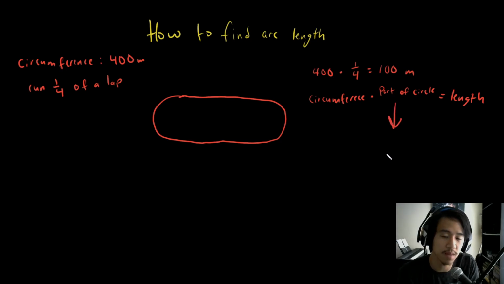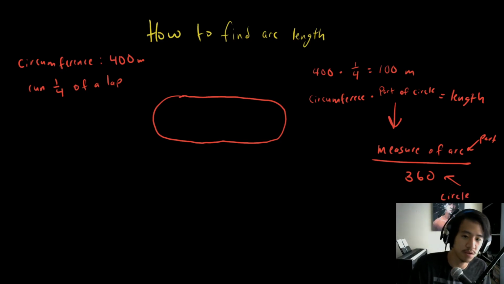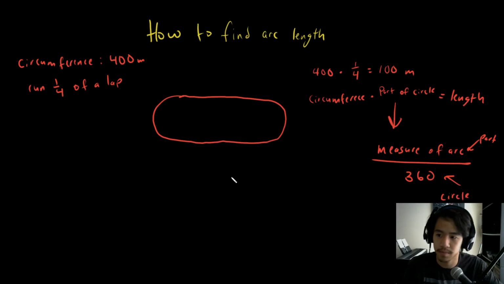Instead of calling it the part of the circle, we're going to take the measure of the arc and we're going to divide it by 360. So this is the part that you're measuring, and this is the whole circle. So this is how we find the fractional part of the circle that we want to find.